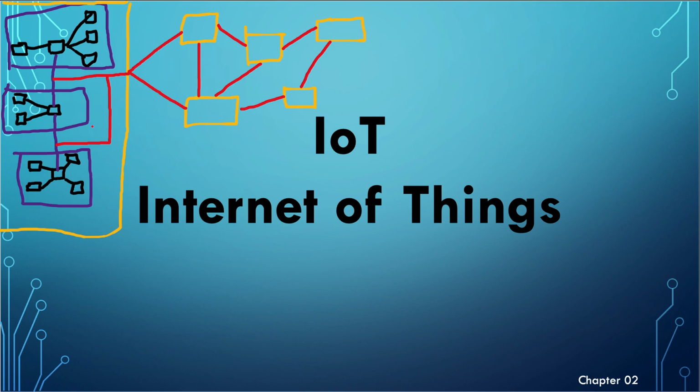So you can see the basic components. We talked about sensors, actuators, embedded systems, and networking, the basic components that work together to make an embedded IoT device.